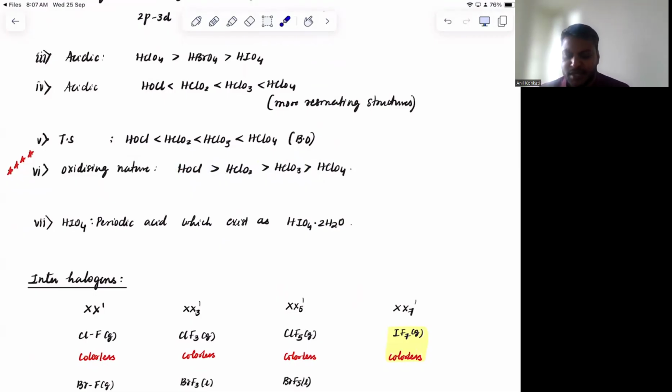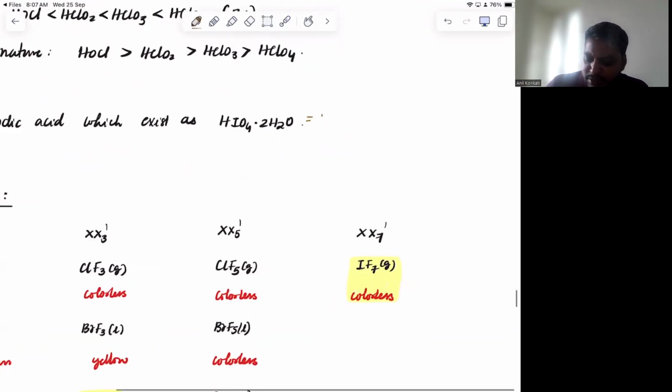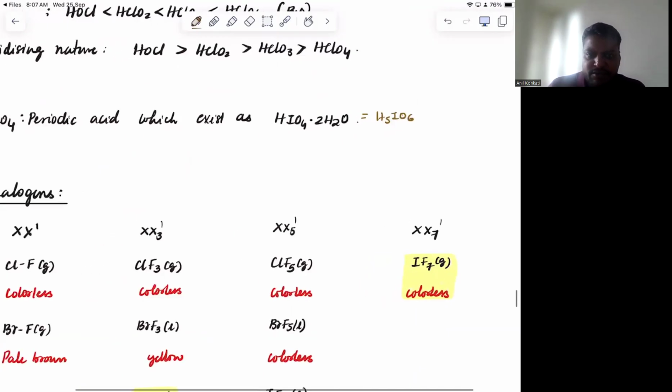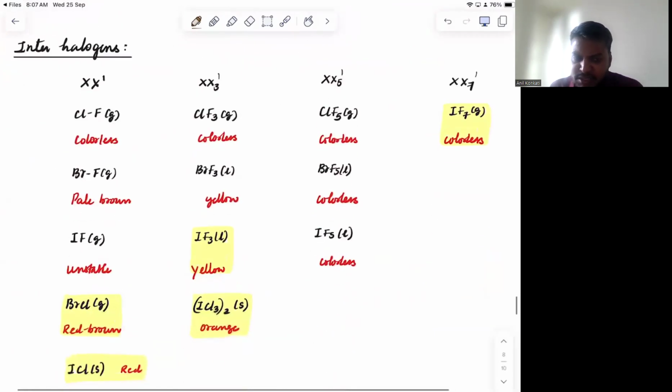Next, if you notice HIO4, which you call periodic acid, it exists as HIO4 dot 2H2O. Usually it is written like this: H5IO6. This is what we usually write.